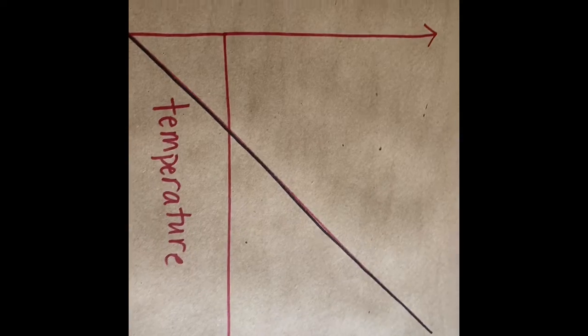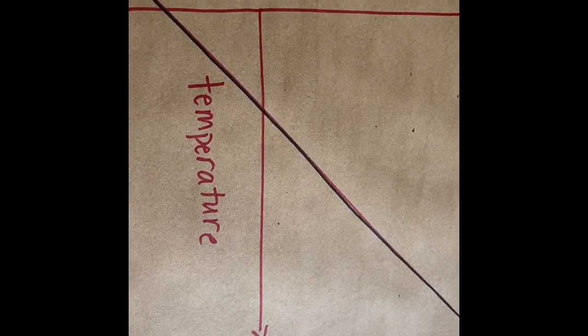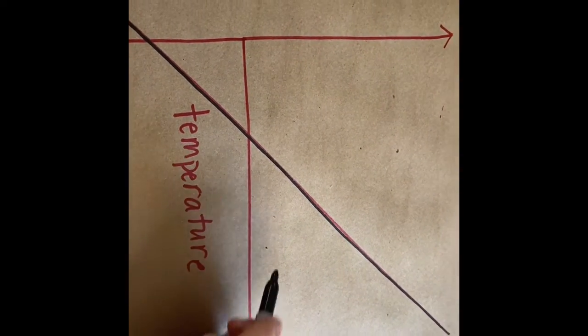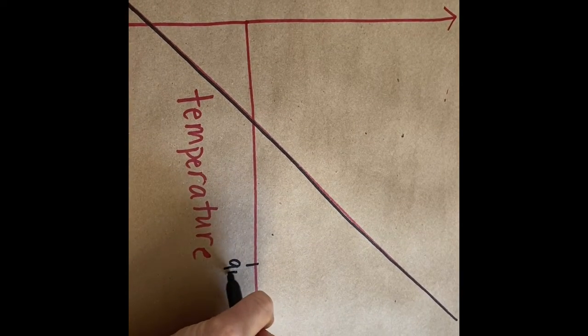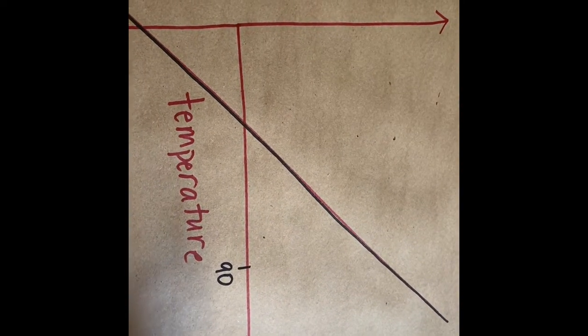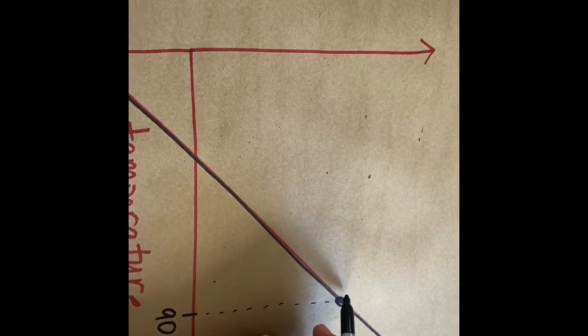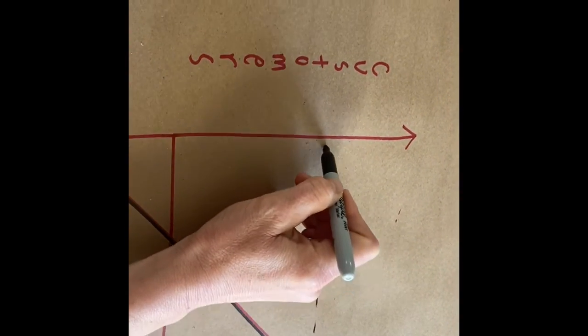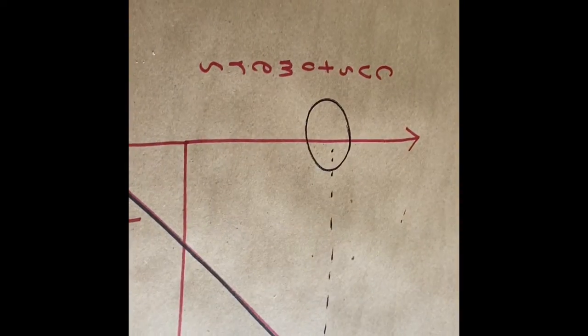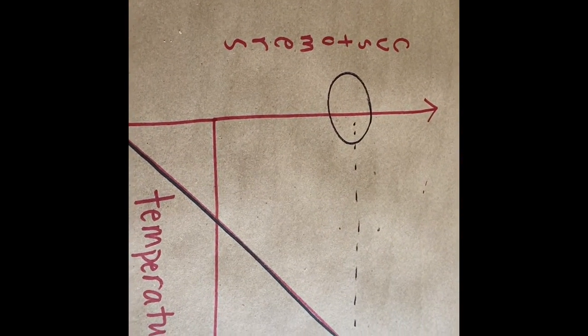And if, for example, you know the temperature one day is 90 degrees, and you want to find out how many customers there are, you're going to go up to the line of best fit, go across, and whatever this number is right here, that will tell you the number of customers.